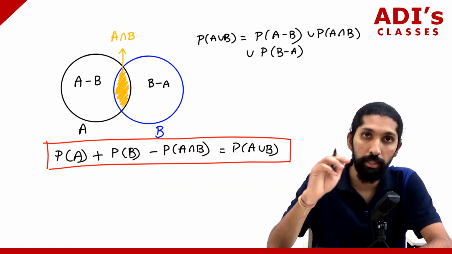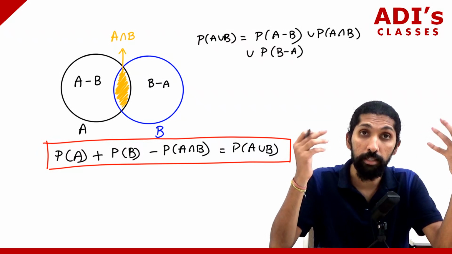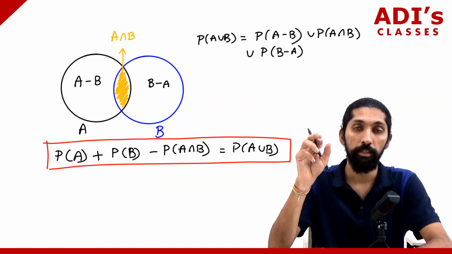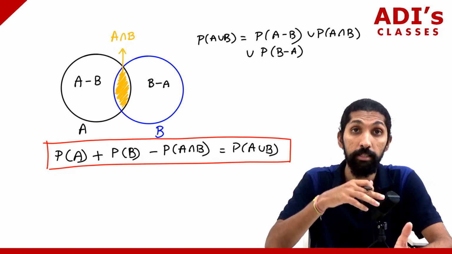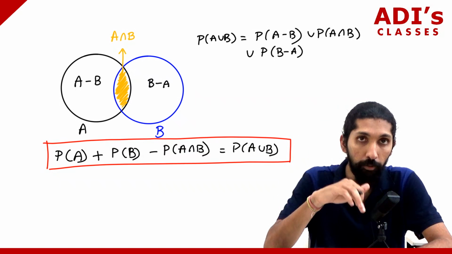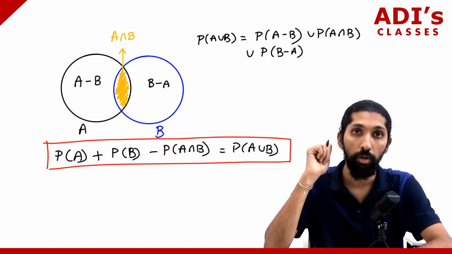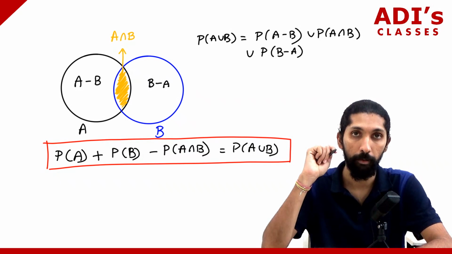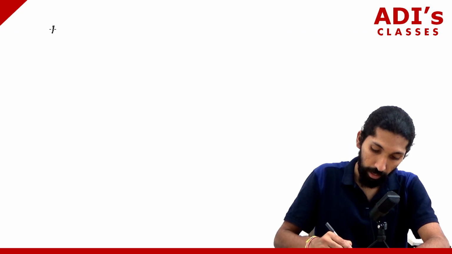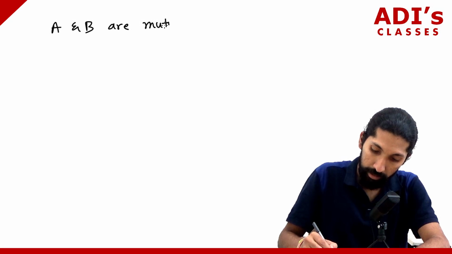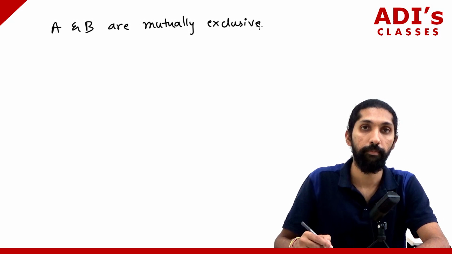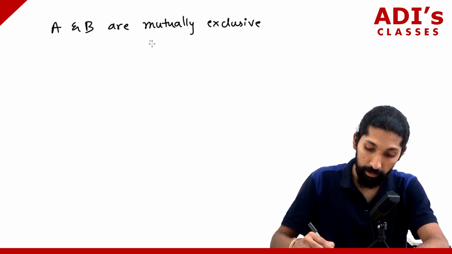Now comes the next part. What if we have mutually exclusive events? If mutually exclusive events are there, then the intersection would be 0 because the intersection is the null set. So P of A intersection B would be 0, and P of A union B is nothing but P of A plus P of B. So we have A and B mutually exclusive, or we can also call them disjoint sets.